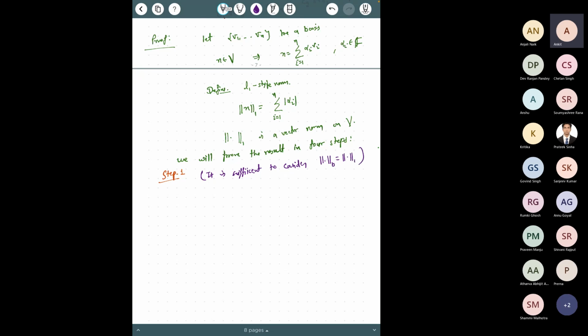So that means I will show that any A norm, or any norm, is equivalent to this one norm. Why is this? Because norm equivalence is transitive. Suppose this is the relation we have, and this is the relation we have for some other norm with other scalars C1 dash and C2 dash.